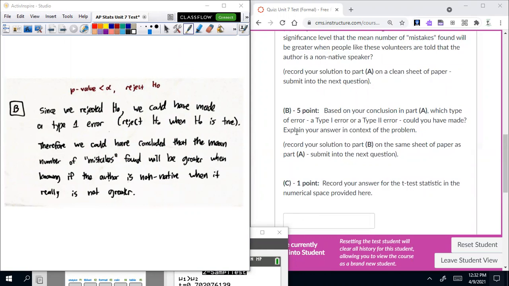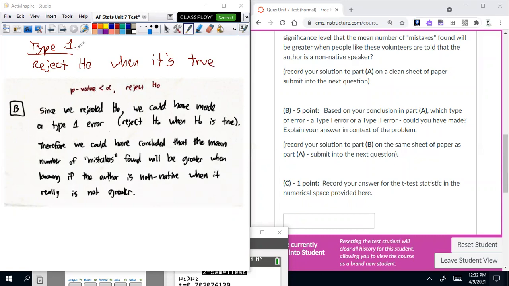Let's think about the types of errors we have. We have type 1 or type 2, right? Type 1 is when you reject the null when it's true.